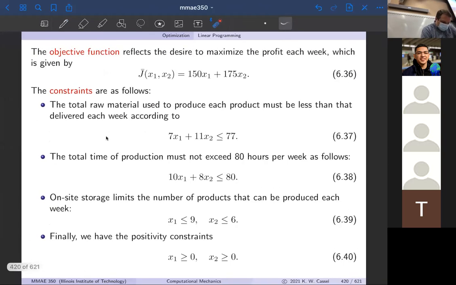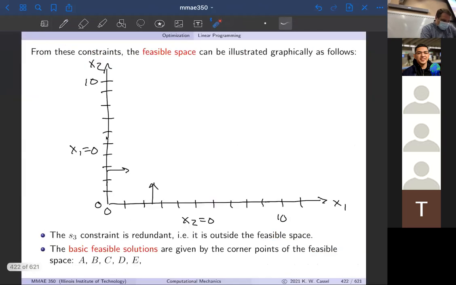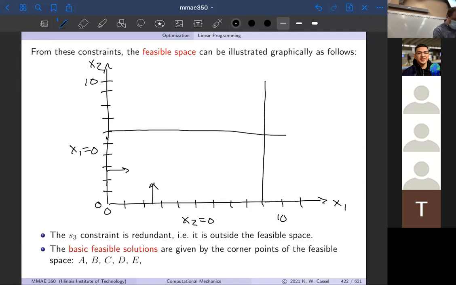Okay, let's go back here. I can pick any of the other ones. Let's start with these because these are easy. x1 has to be less than or equal to 9. And x2 has to be less than or equal to 6. So x1 has to be less than or equal to 9. And x2, 1, 2, 3, 4, 5, 6, has to be less than or equal to 6.